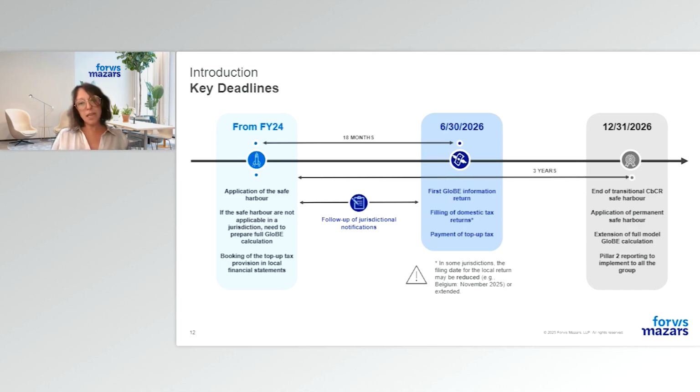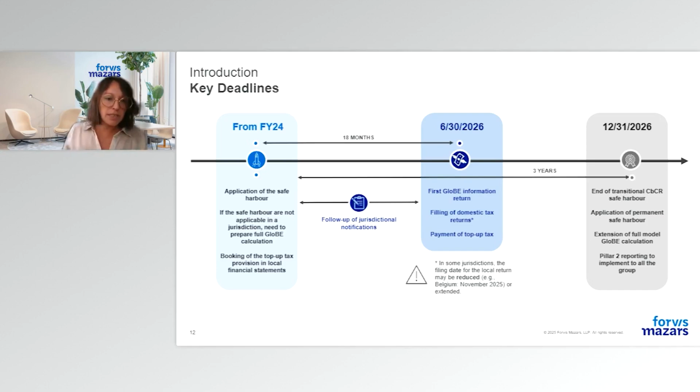And at the same time, any payment of top-up tax for fiscal year 24 should be made in the jurisdiction where the liable entity is located. It is important to highlight that the deadline for DMTT returns may vary from one jurisdiction to another, and some jurisdictions may require advance payment.